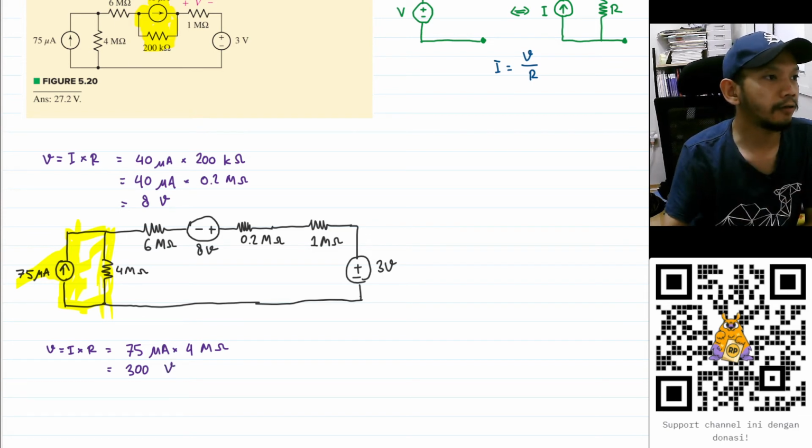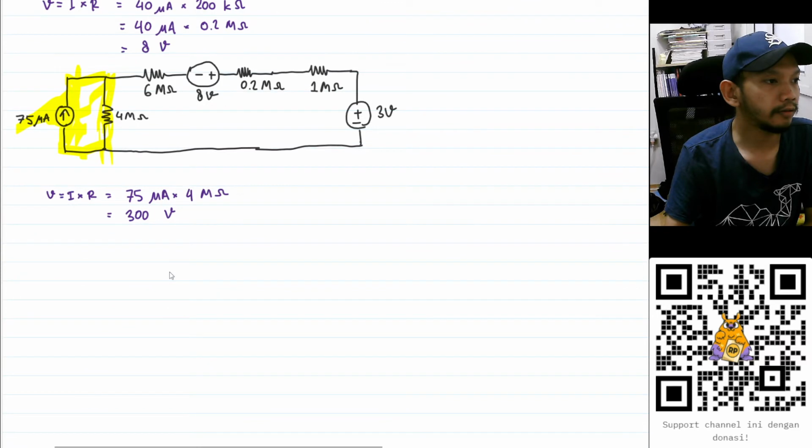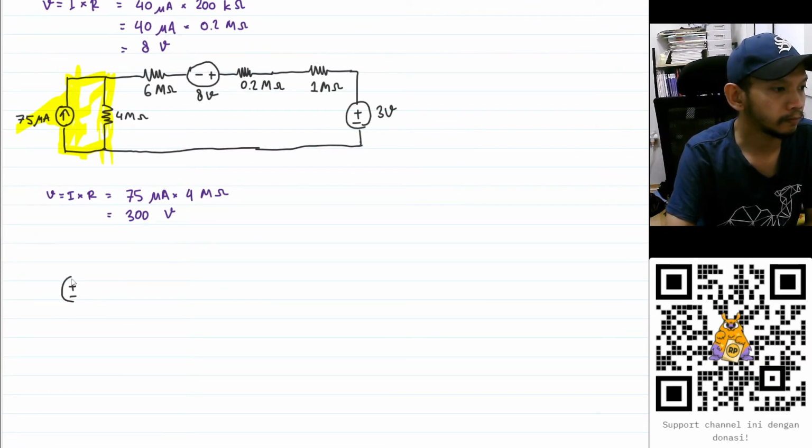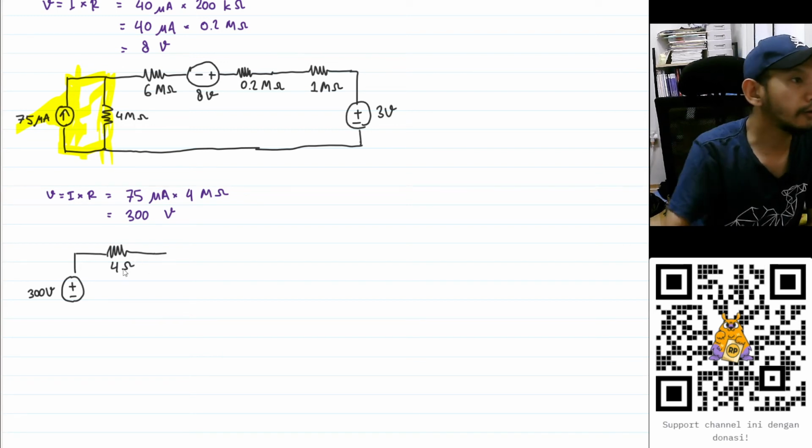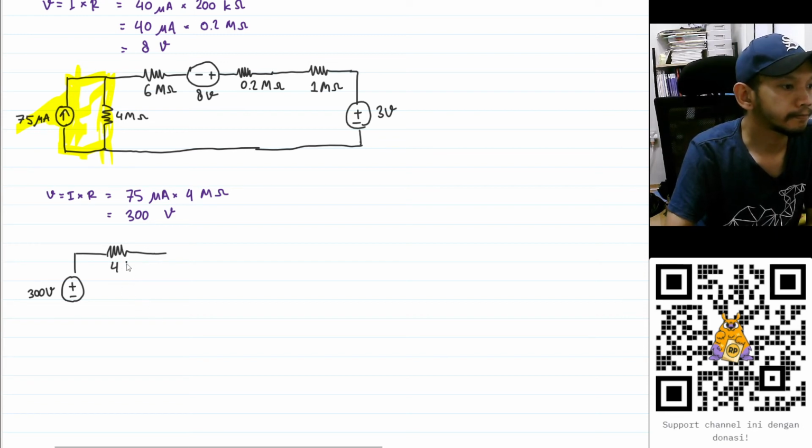So let's redraw the circuit. I will have 300 volt here, and then in series with that 4 mega ohm, and then 6 mega ohm.